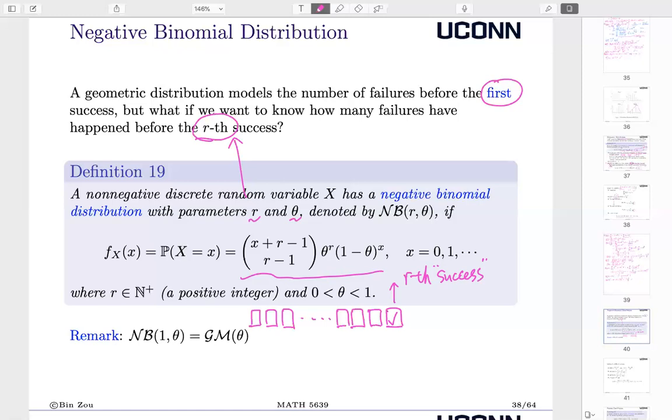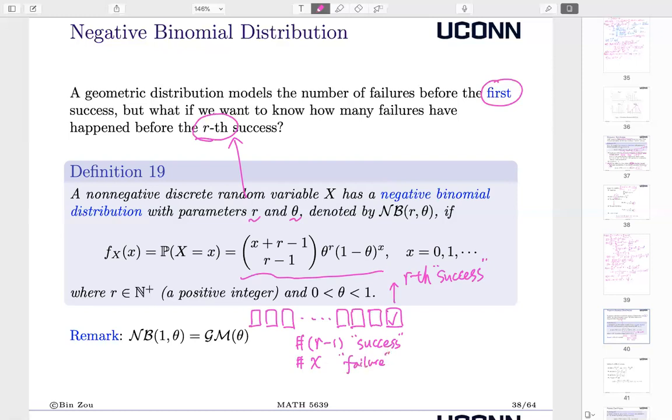If this is the r-th success, then in front I have r minus 1 successes in total, right? So this is a number, not a cardinal. In front I have r minus 1 successes. How many failures? That is x, which is what I'm trying to model.